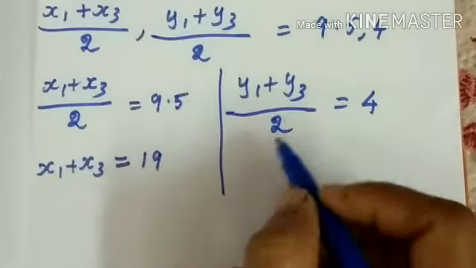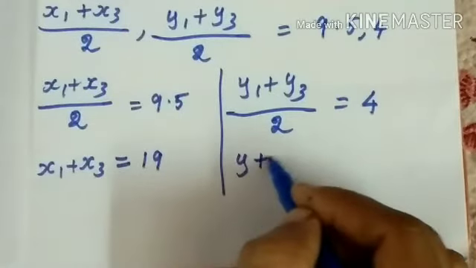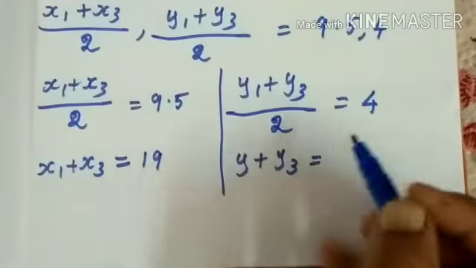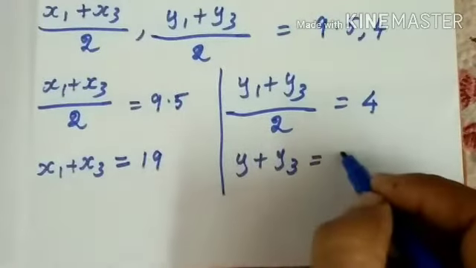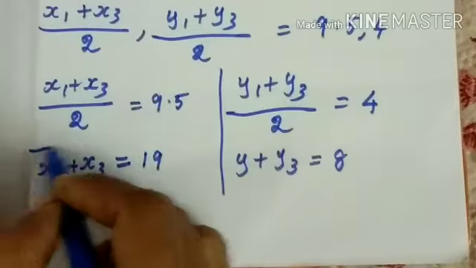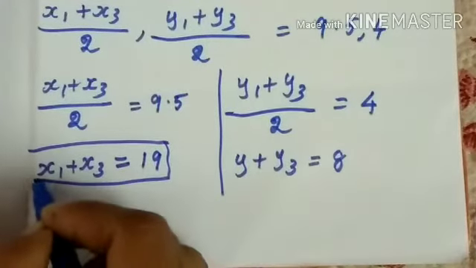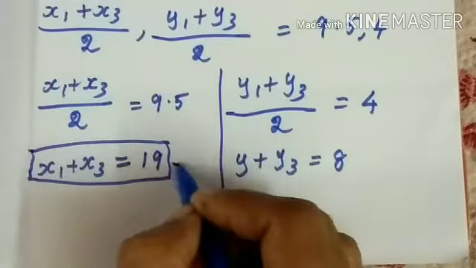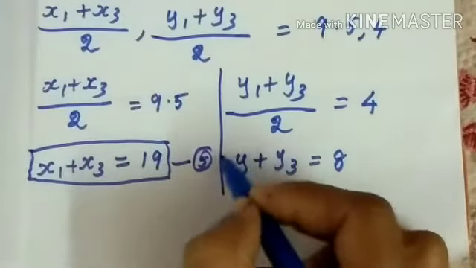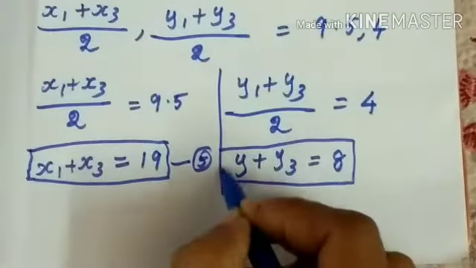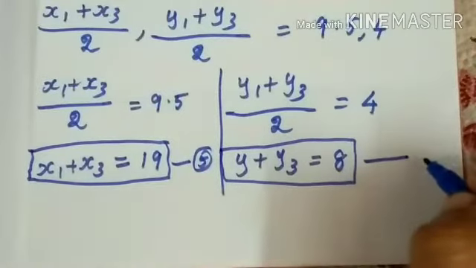You write 19. Then y1 plus y3 is equal to 4 into 2, we get 8. This one you keep as equation number 5 and this one as equation number 6.